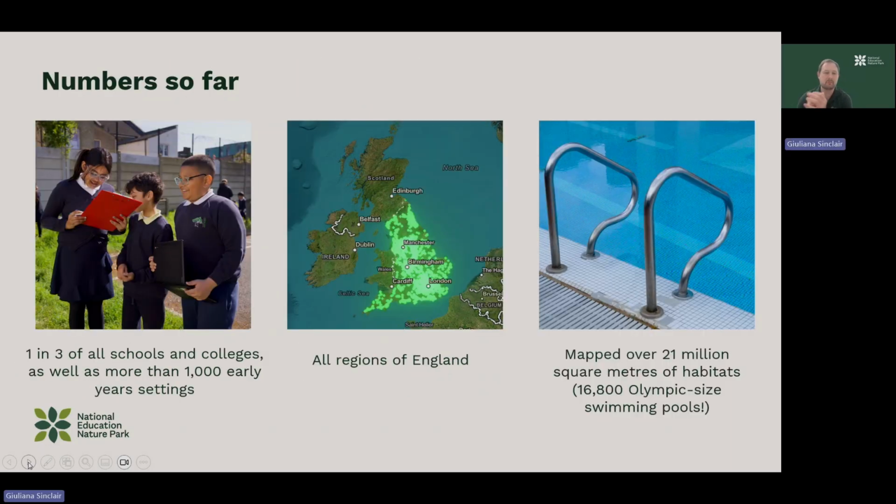So just a little bit on the numbers so far. We've got 1 in 3 of all schools and colleges signed up. So the number as of today was 8,956. And we have got more than 1,000 early years settings signed up. So part of that has come through our early years campaign.